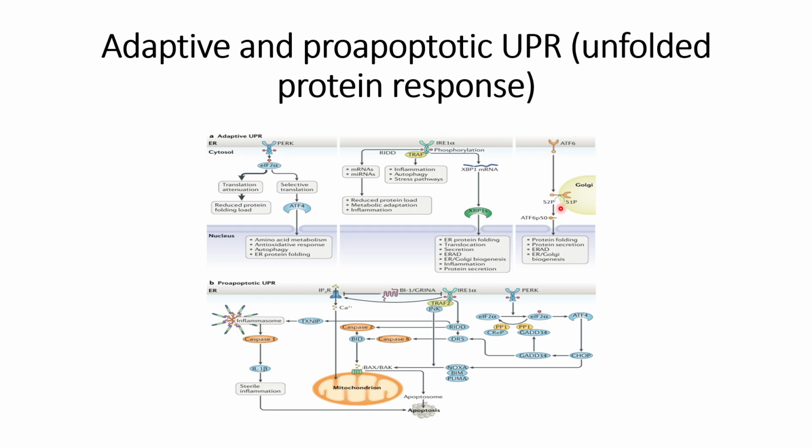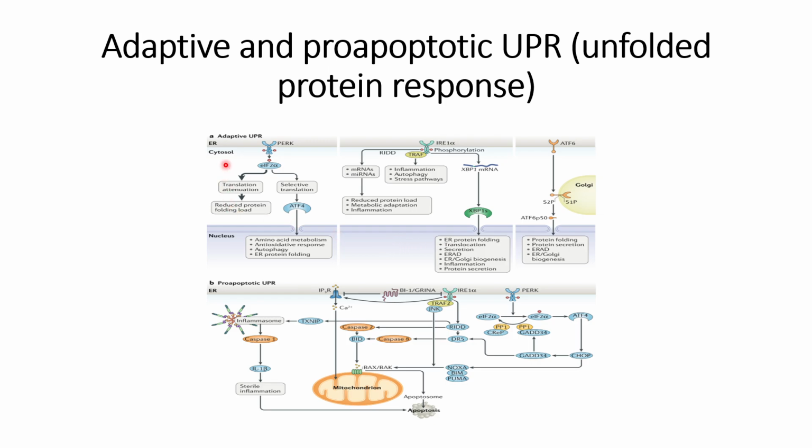It will get cleaved with the help of proteolytic cleavage through some proteins, and after that a part of this ATF6 will move to the nucleus and act as a transcription factor to upregulate the proteins involved in protein folding, such as chaperones, and it will also upregulate ERAD. So the common function of these three signaling pathways is to upregulate the proteins that are involved in bringing the newly translocated proteins into their native structure, or we can say upregulation of chaperones and the ERAD pathway.